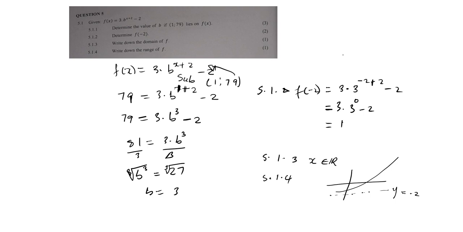If we are saying a range, we want values of y for which this graph will exist, right? Those values must not be less than -2, because if it is less than -2, they will end up touching the asymptote, and that's not what we want. So this graph is defined for y element of real numbers, where y is greater than -2. It must not touch. We cannot say greater or equal to. Remember, we said it approaches, it does not touch. I hope you understand in that regard.